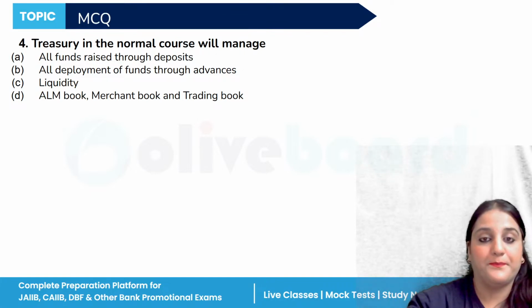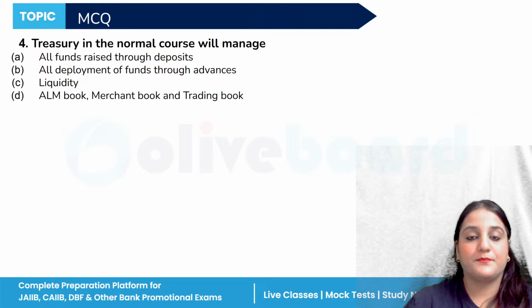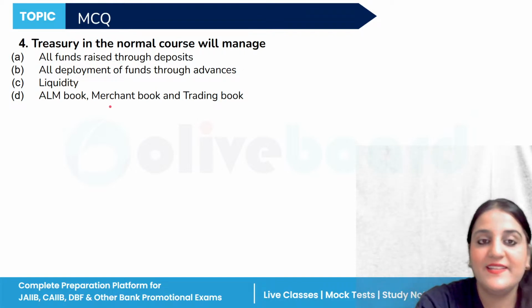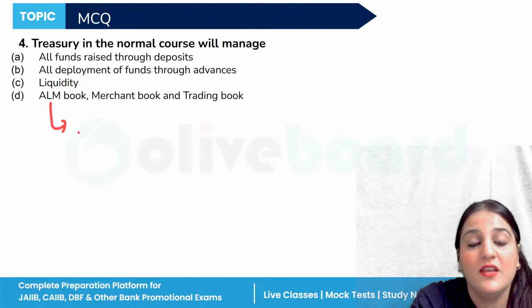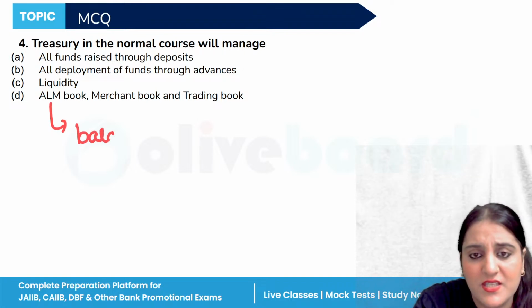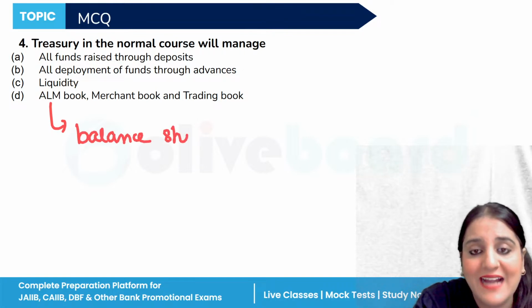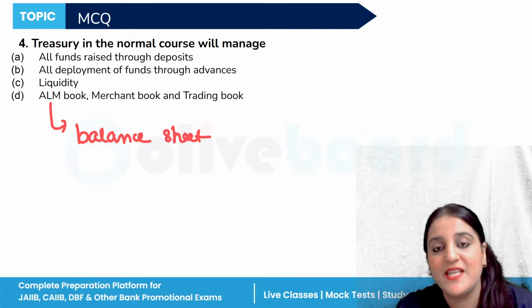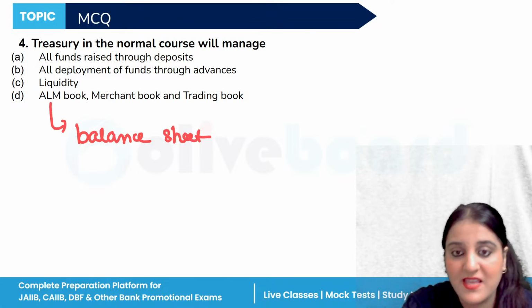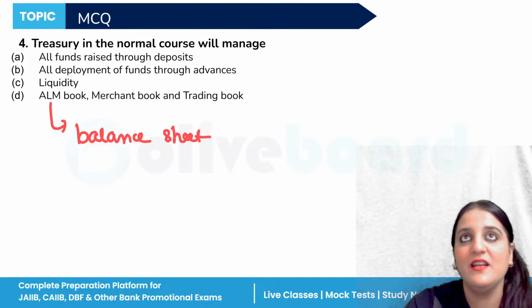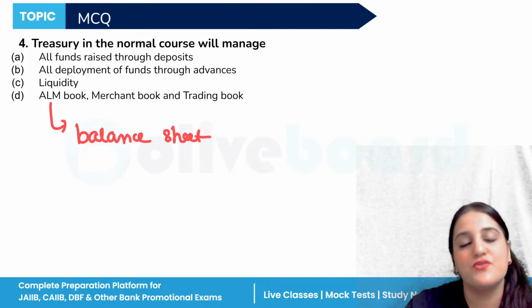See, ALM book, that is asset liability management book. This involves the bank's balance sheet, ensuring that assets and liabilities are structured in a way that balances risk and return while managing liquidity and interest rate risk.